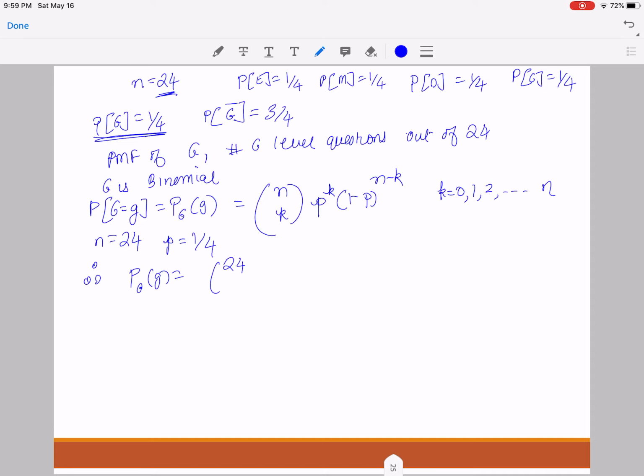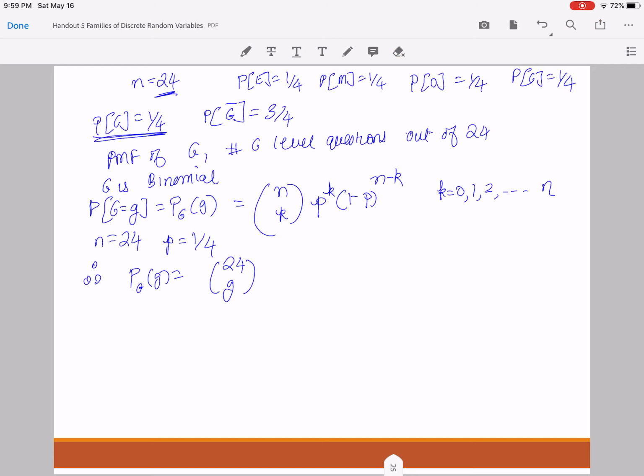24 choose G. Well, this term right here should actually be G, because that's the variable name that we are using to denote the number of G level questions.